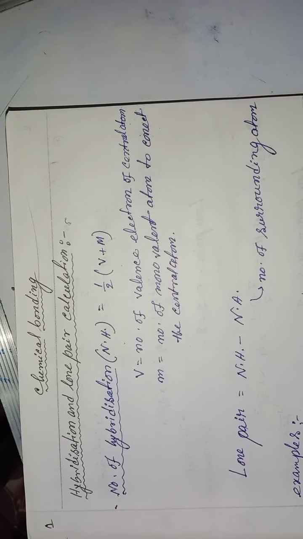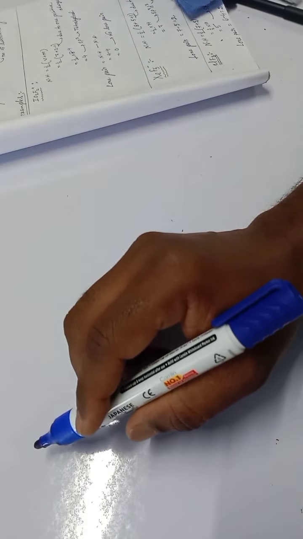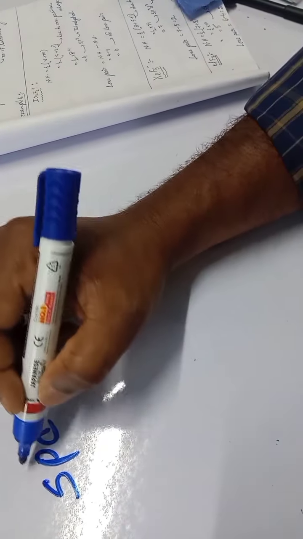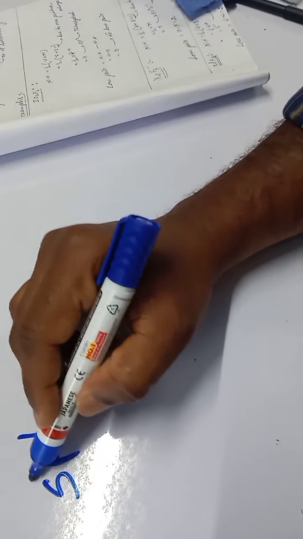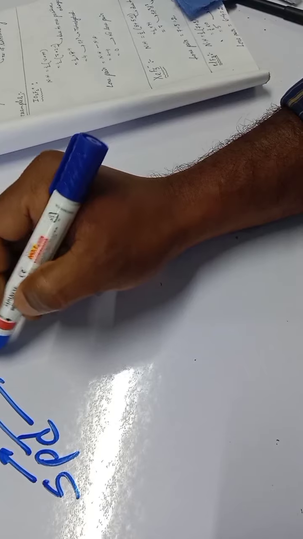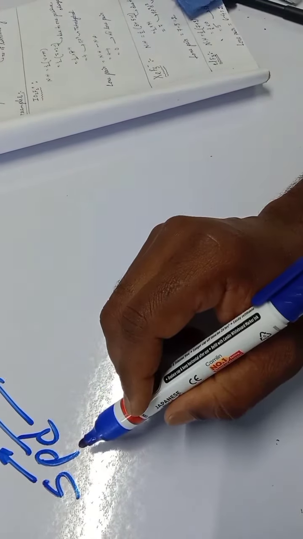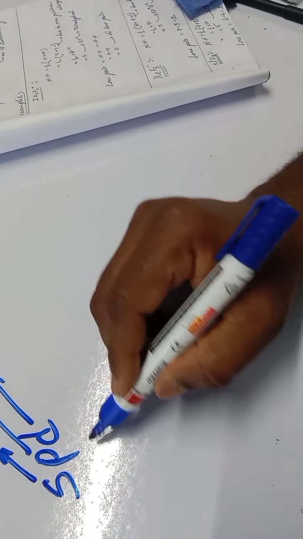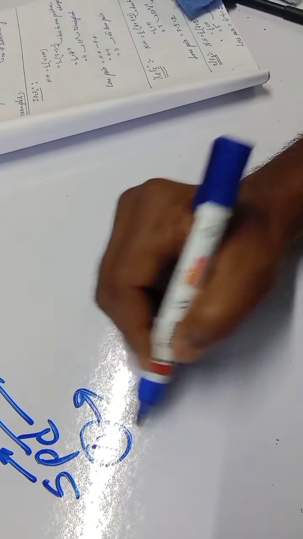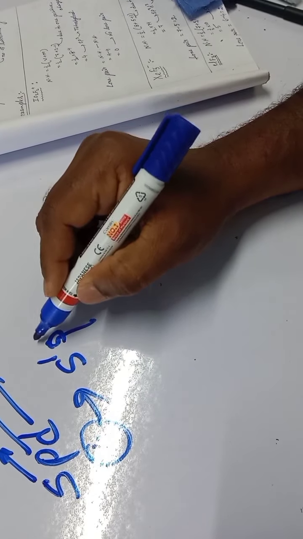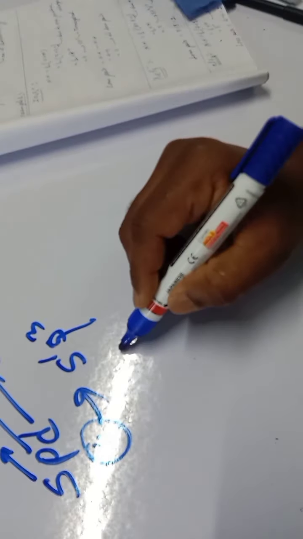For calculation of hybridization, SPD: S1, P3, D also 3. If the number of hybridization is 4, you may write S1 P3, that is sp3.